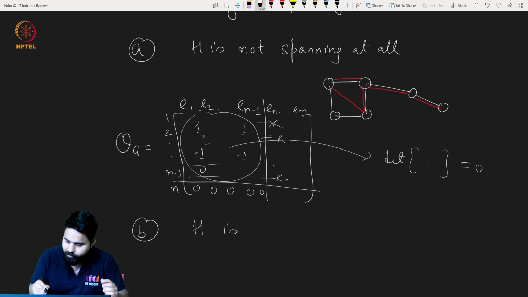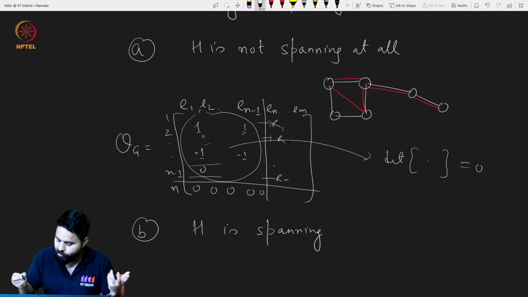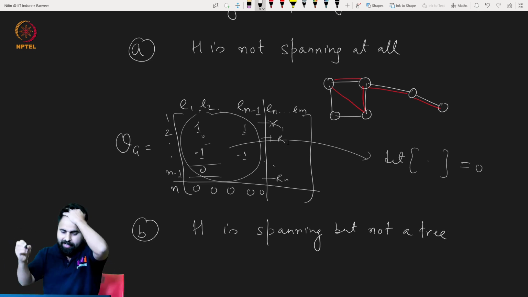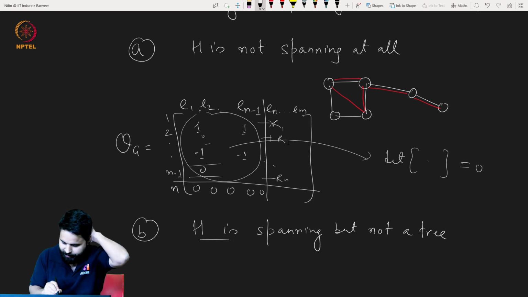It is covering all the vertices. Spanning is the mistake; basically, those chosen n-1 edges are spanning, covering all the vertices, but not a tree. In this case, what will happen?